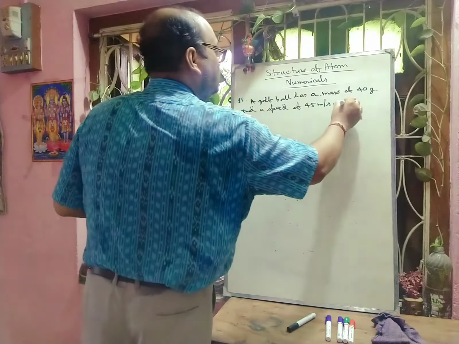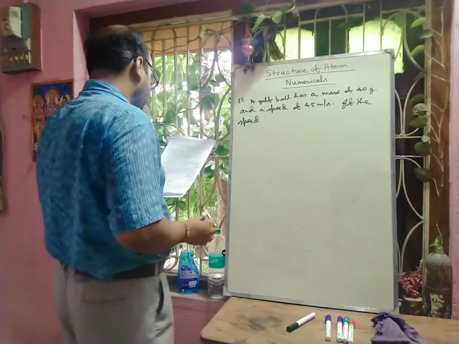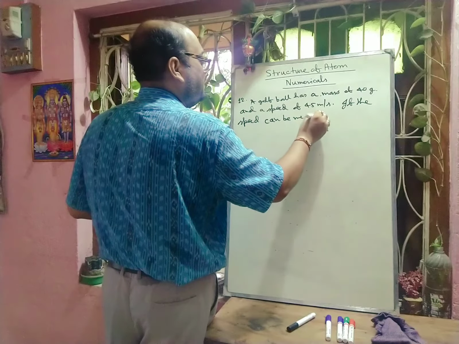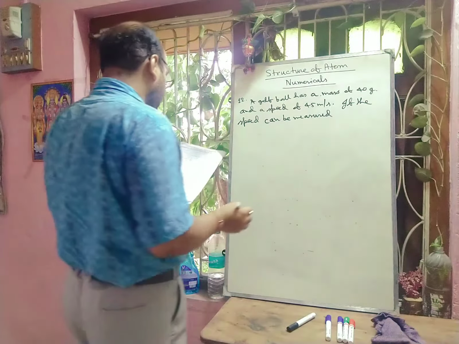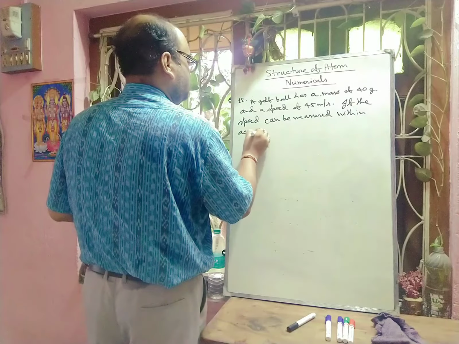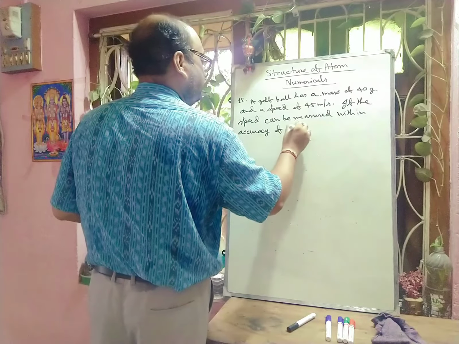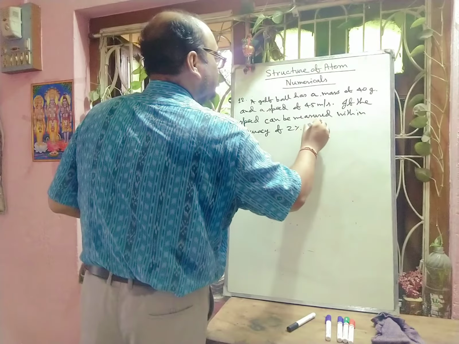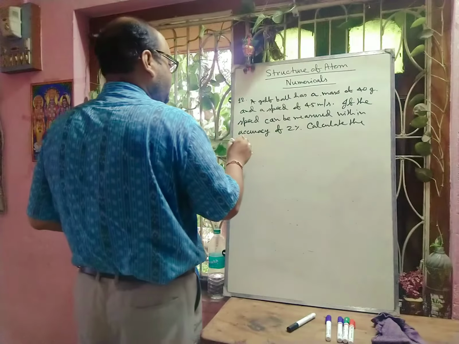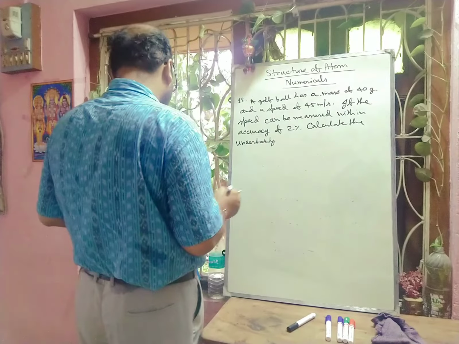If the speed can be measured within accuracy of 2%, calculate the uncertainty in position.